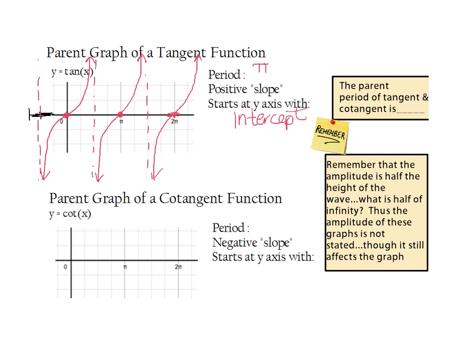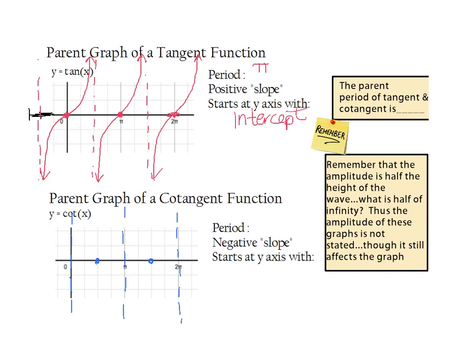Then we went and looked at the cotangent function, and it was very similar, but kind of the opposite of tangent. If you think about it, it's the reciprocal of tangent. Everywhere that tangent has a 0, cotangent has an asymptote. And everywhere tangent has an asymptote, cotangent is going to be 0.